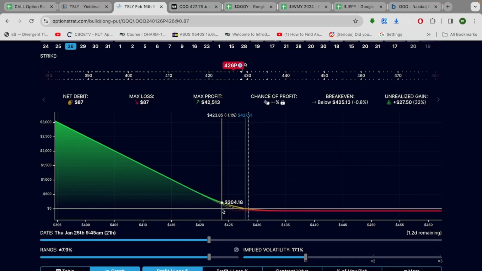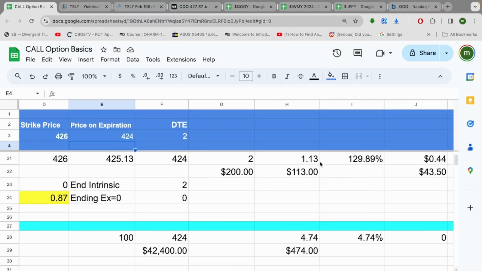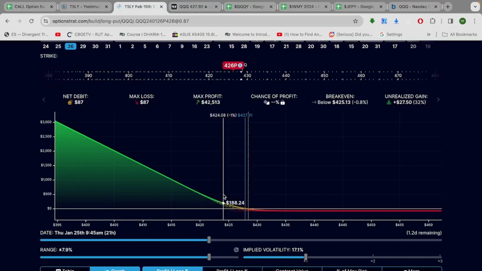The reason that's more profit than our spreadsheet showed is because my spreadsheet just calculates the price at expiration. You make 113 at expiration, but if we could get a quick little downturn here, we can potentially make about twice that.